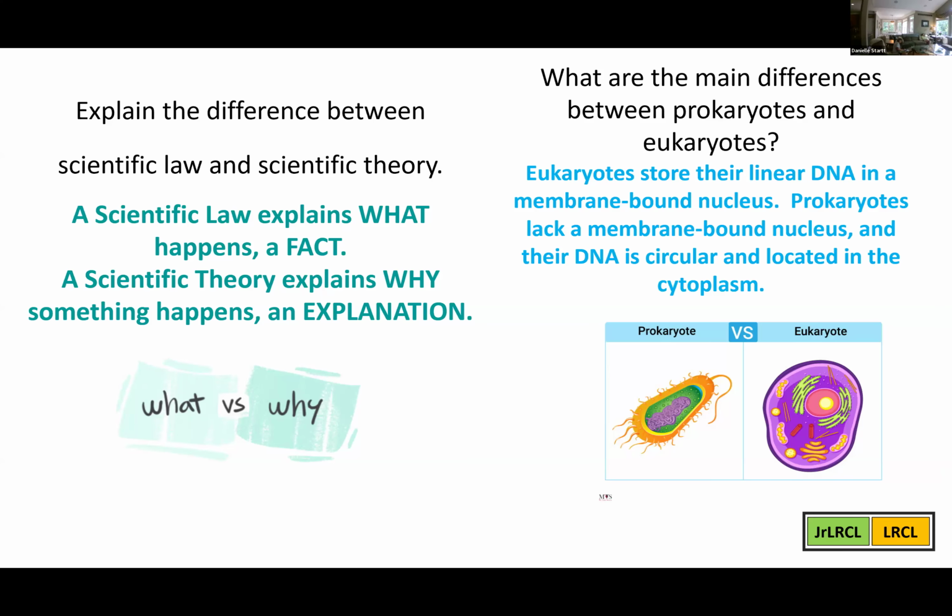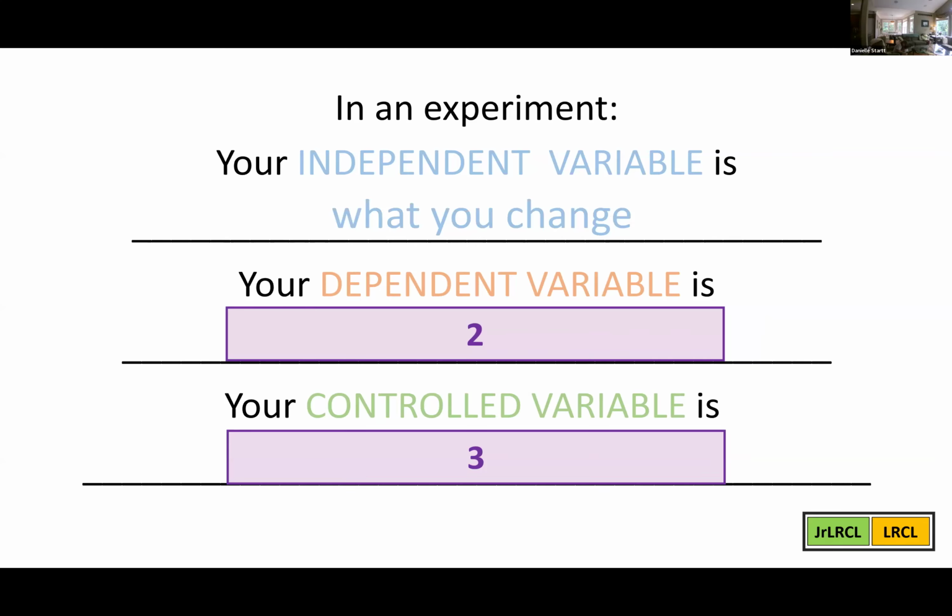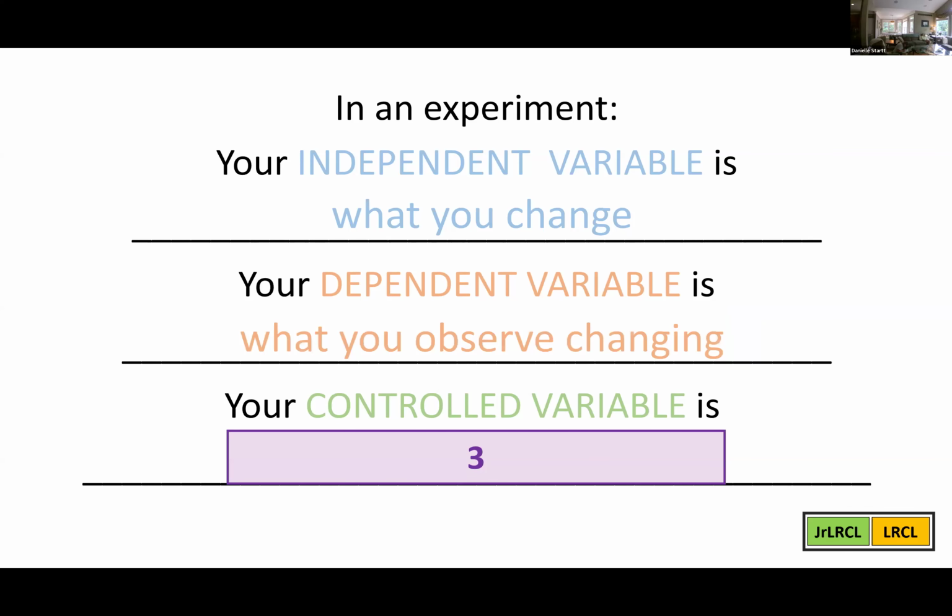Eukaryotes have a membrane-bound nucleus, which holds their DNA, right? Right. All right. Your independent variable is what? It's what you change. What's your dependent variable? It's what changes based upon what you've done or what you observe changing. And your controlled variable is what you keep the same.